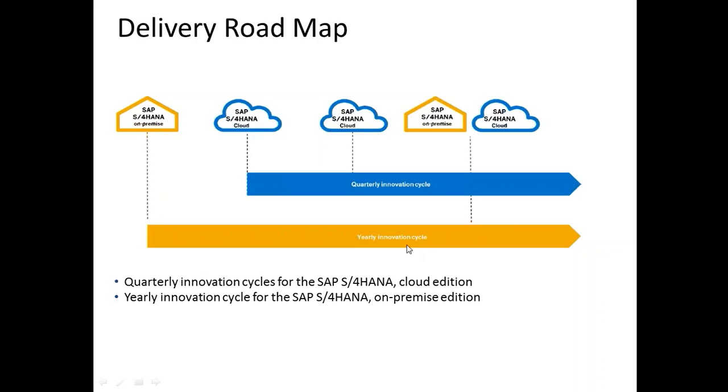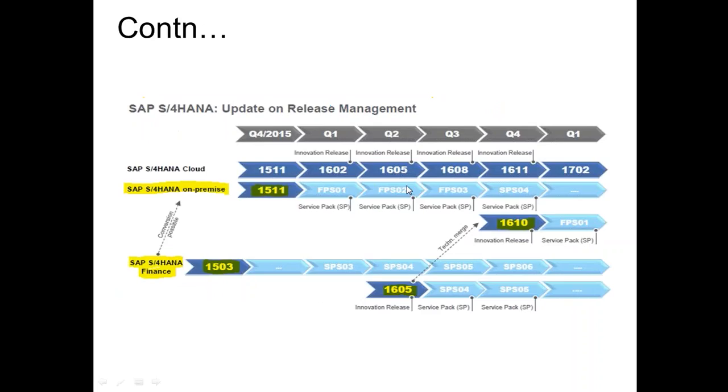That's the reason that for the on-premise edition, every year you get a mega update or major update. After the 15.11 edition was introduced, the next mega update for the on-premise edition came on 16.10, and it could be 17.10, etc. That is the release strategy for the on-premise edition, and with respect to the cloud, it is going to be a quarterly release.